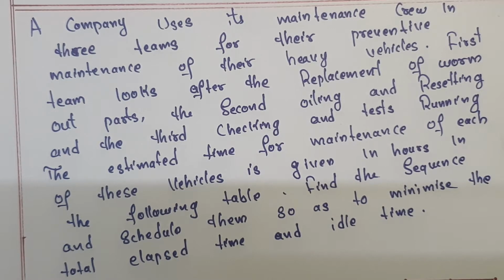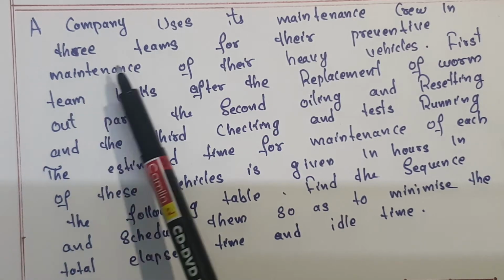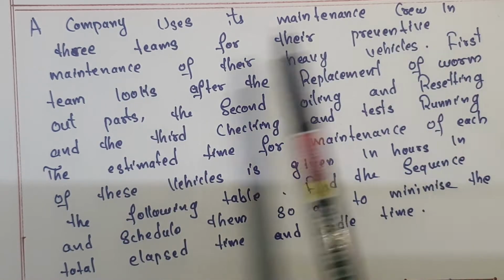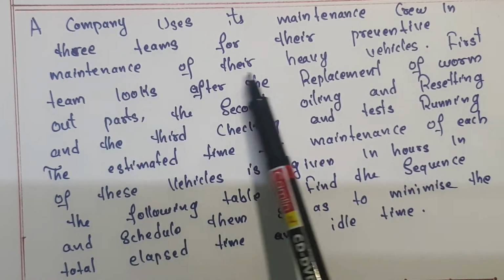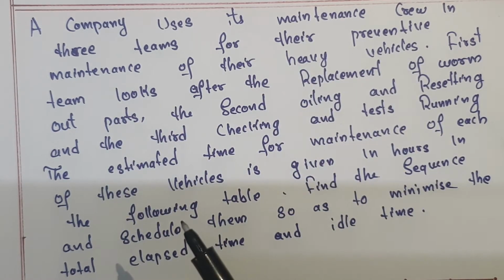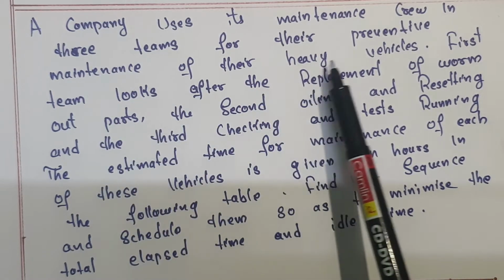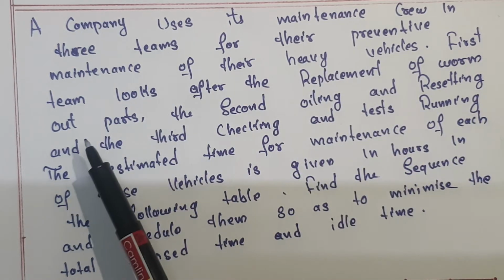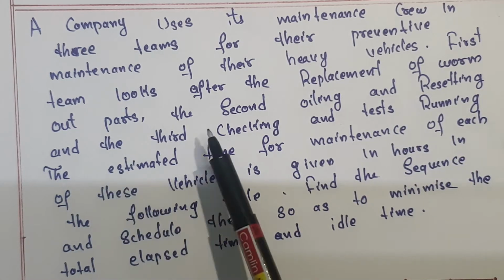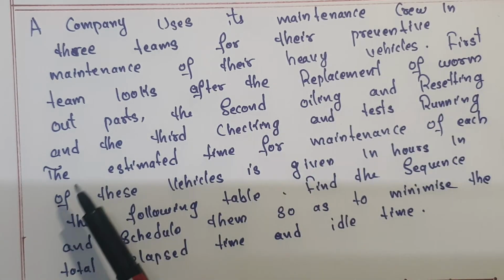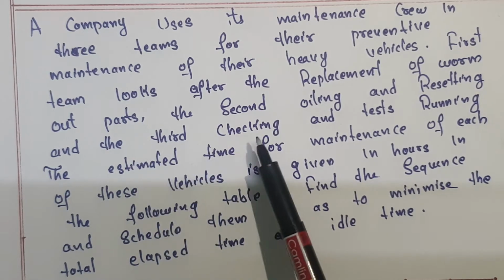The question will be given like this: a company uses its maintenance crew in three items for the preventive maintenance of their heavy vehicles. The first team takes care of the replacement of worn-out parts, the second oiling and resetting, and the third checking and testing.